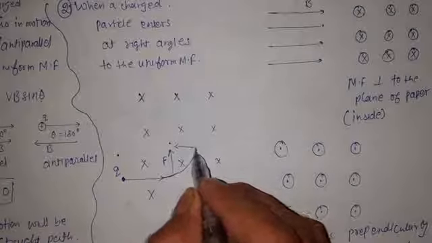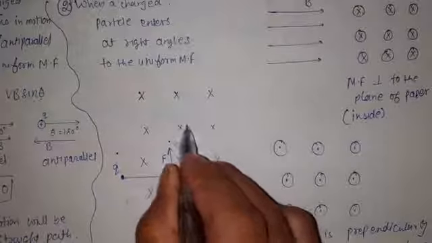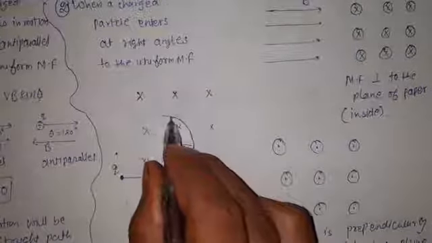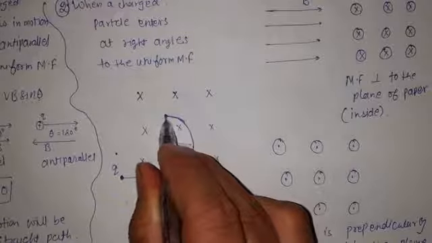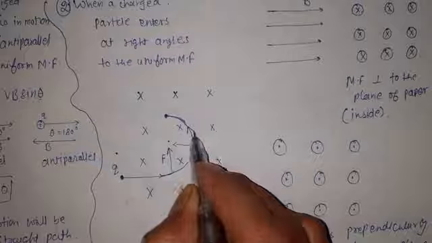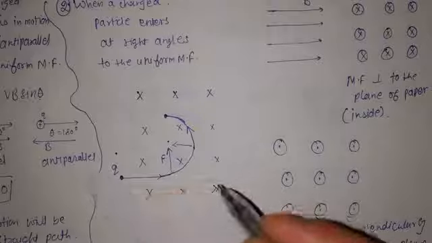In this way the charge goes in this circular path. This is the motion of the charged particle in this magnetic field when it enters perpendicularly.